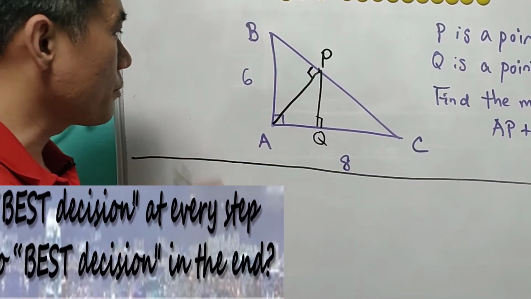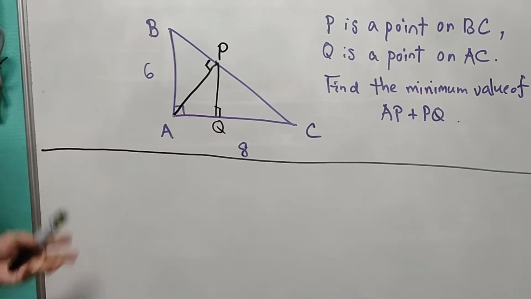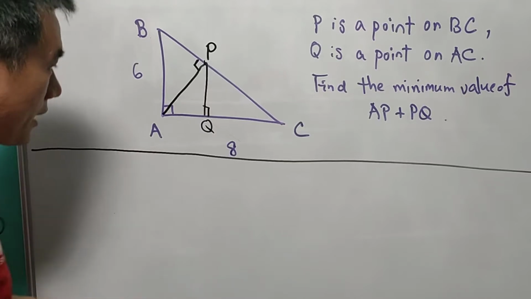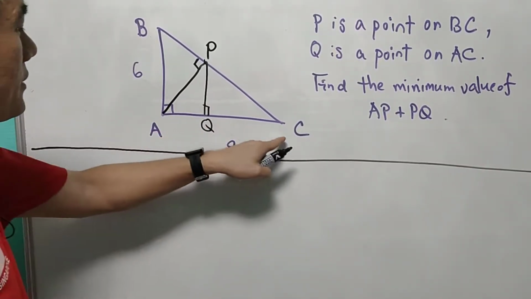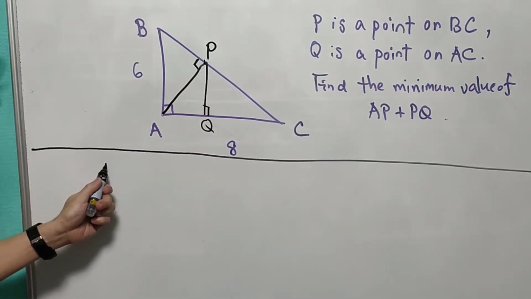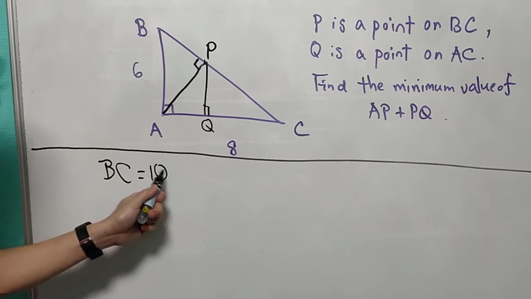Let's look at this simple geometry question. So if this is the case, then we are able to calculate what is AP. Now note that AB equals 6 and AC equals 8, then BC is equal to 10 from Pythagoras theorem.